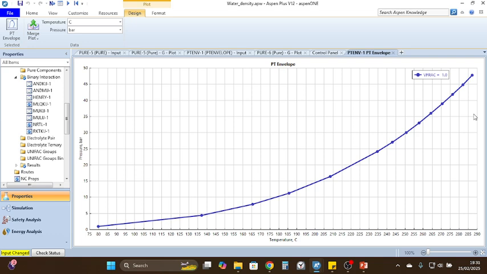About 80 degrees Celsius. And what is the critical temperature? 287, I guess. Yes, it is between 285 and 290.